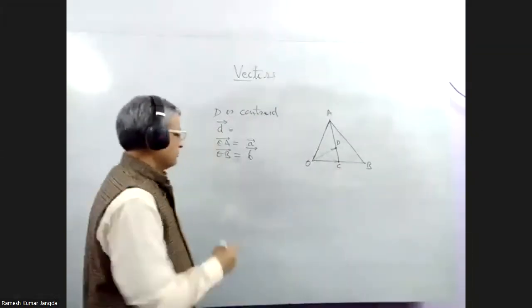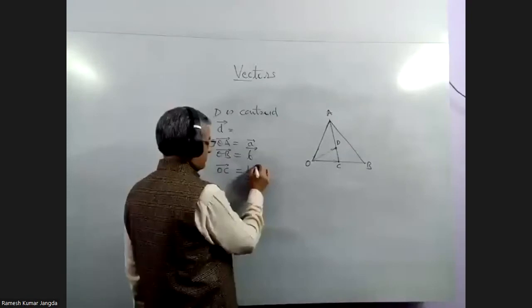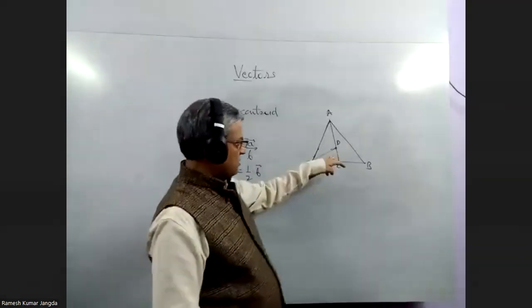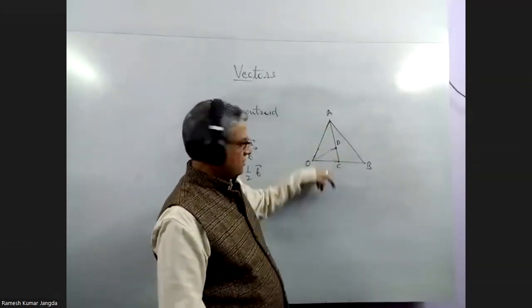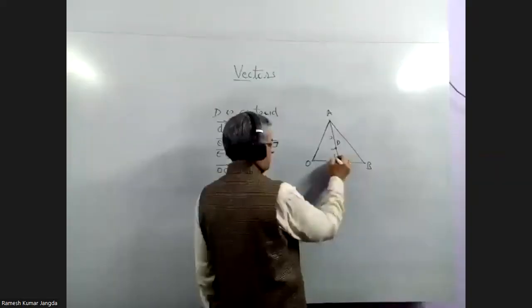How much is OC? OC is half B. And I just told you that this point divides AC in the ratio 2:1. So this is 2, this is 1.